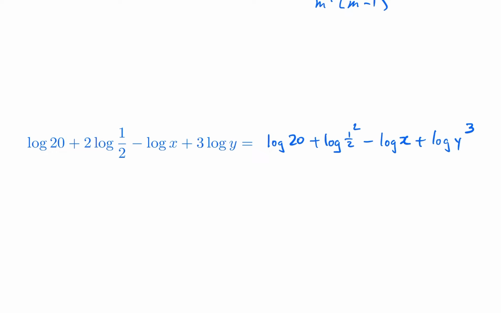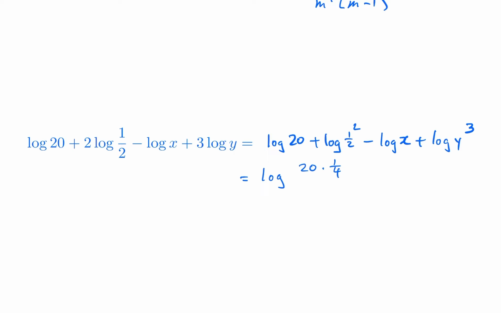Okay, so this becomes log of the following. So we've got 20 times 1/2 squared, which is 1/4. And we have the subtraction. I'm doing a couple things here all at one time, so I want to make sure that you're clear on what's going on here. We have an addition here, right? So this becomes a product.